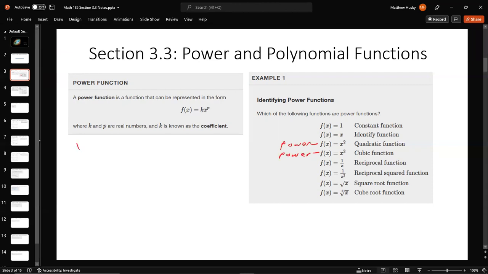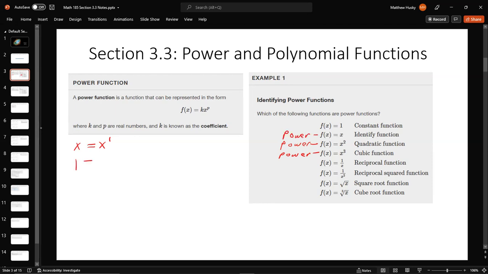Now, fun fact, x just by itself can be written as x to the first power. So this one right here, which they call the identity function, also is in fact going to be a power function since x is equivalent to x to the first power. Now, what about just plain old 1?